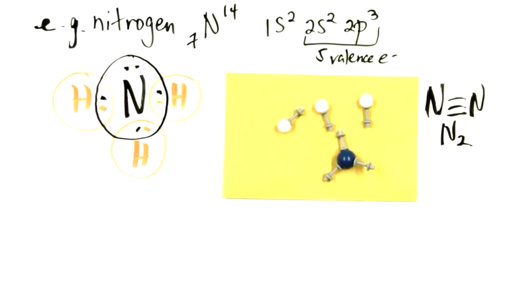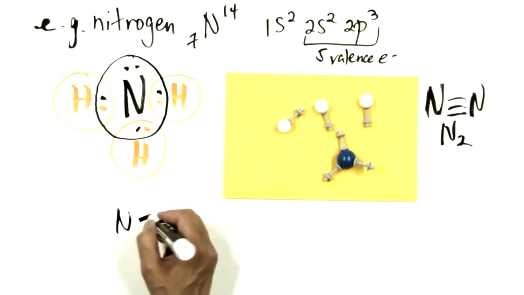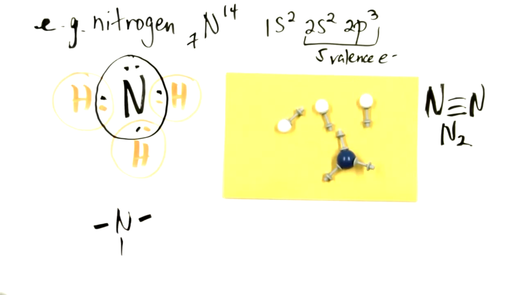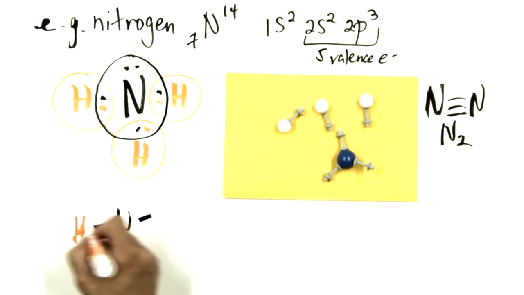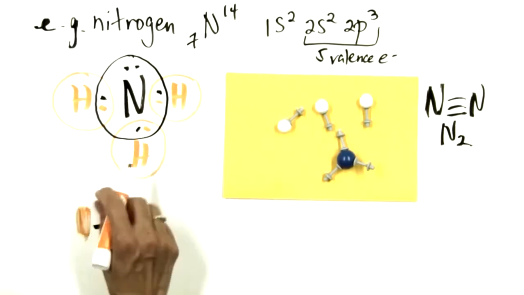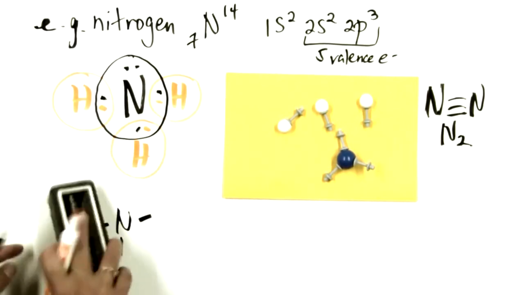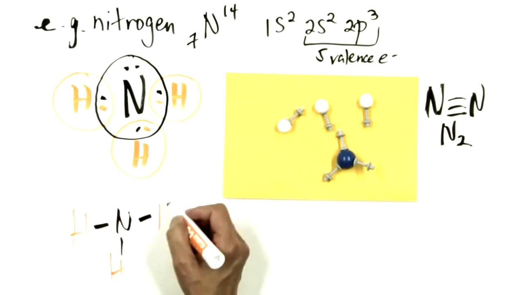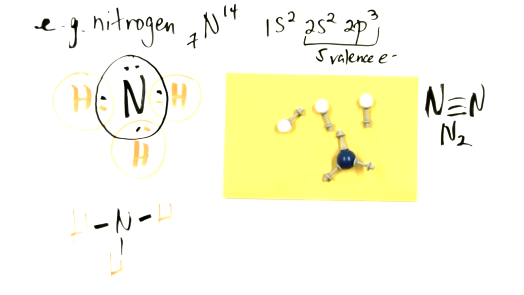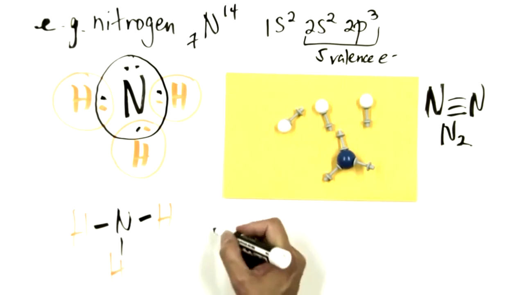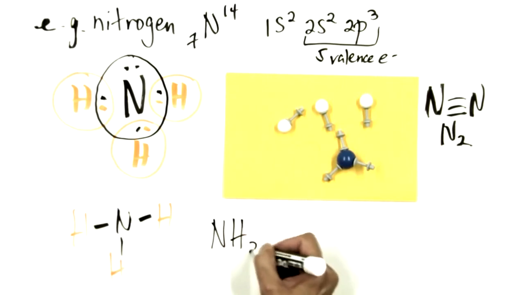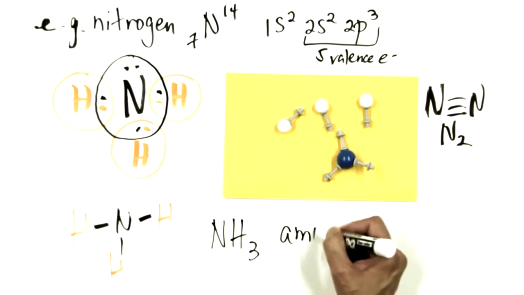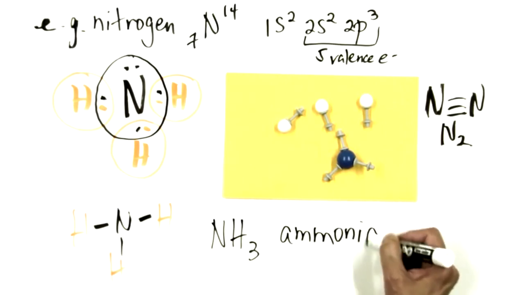So now I can redraw this as N. I will have my single bonds with each hydrogen atom. So single bond hydrogen atom. And this one, I can rewrite the formula as NH3, and class, this is what we call your ammonia.